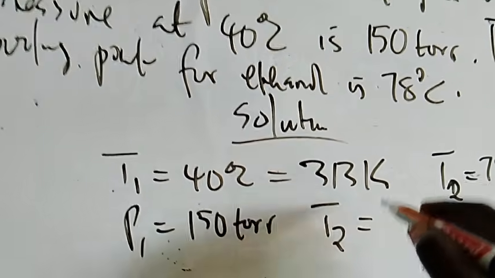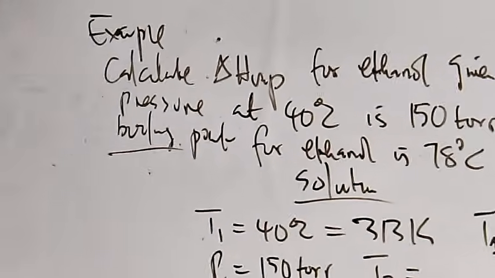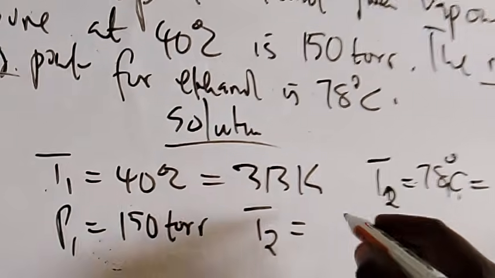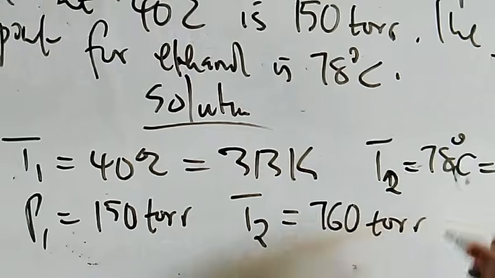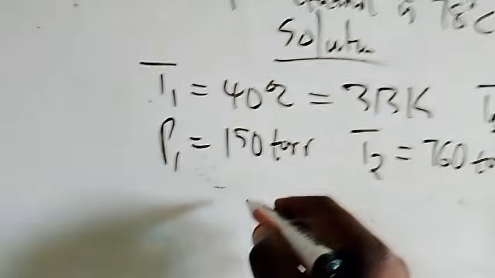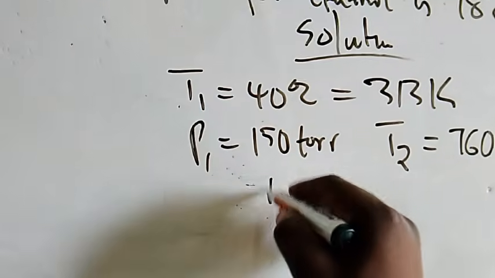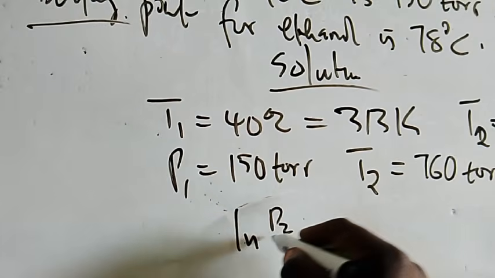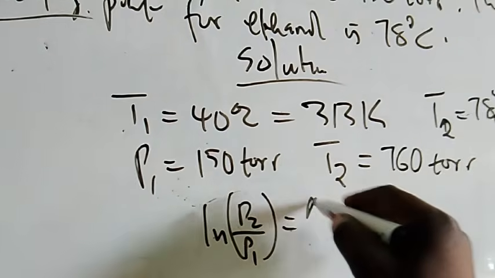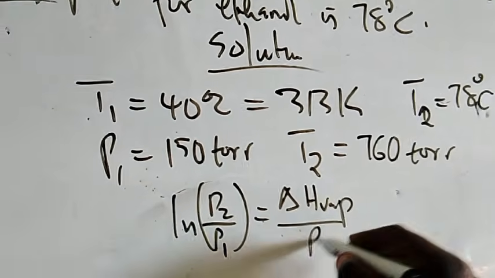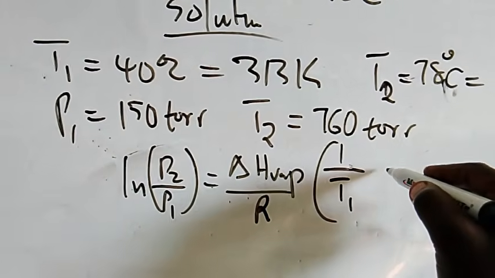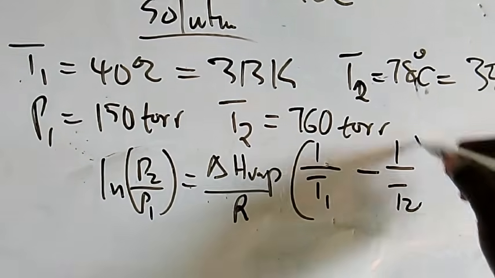Then we get P2 from the normal boiling point. We know the normal boiling point occurs at 1 atm, which is 760 torr. Then we apply the equation: ln(P2/P1) is equal to delta H over R, times (1 over T1 minus 1 over T2).